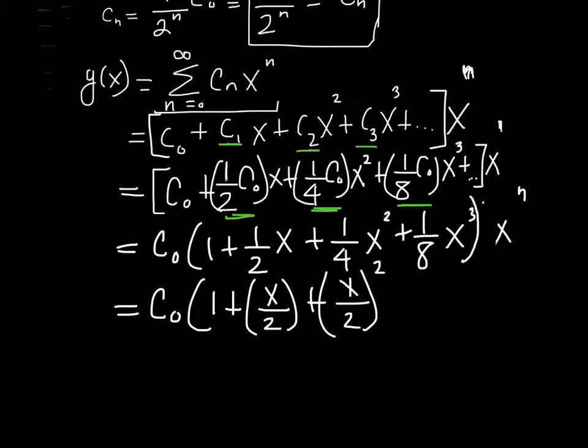That's just x squared over 4, hopefully you see that. And then this is really x over 2 cubed, right? That's really x cubed over 2 cubed, which is 1/8 x cubed.